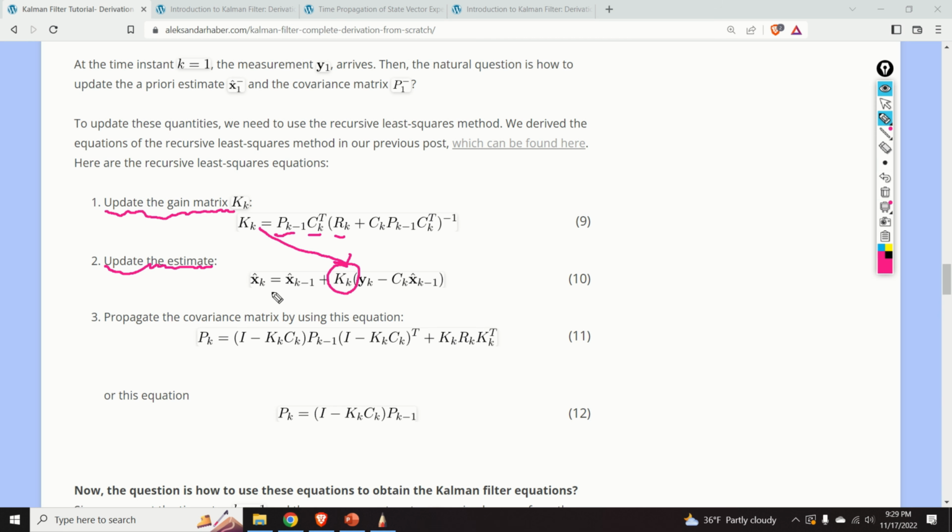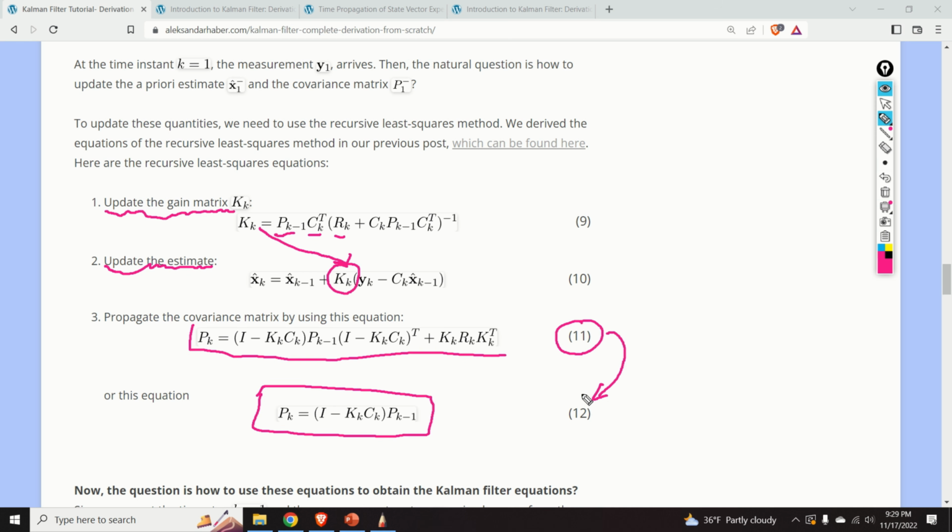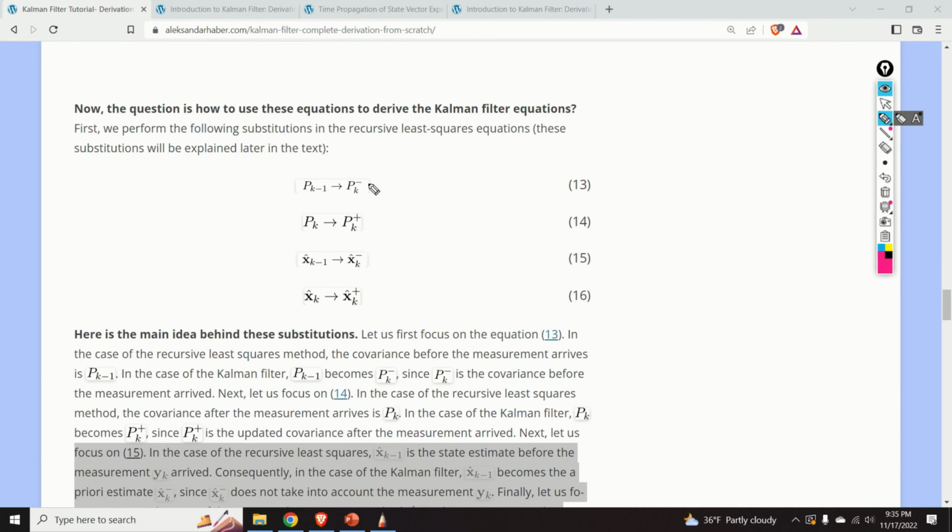Once we update the estimate, we propagate the covariance matrix by using this equation or this equation over here. The equation number 11 is more favorable compared to the equation number 12, simply because this equation is more numerically stable and robust.